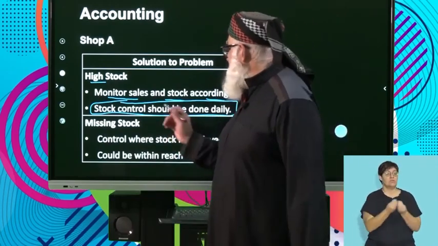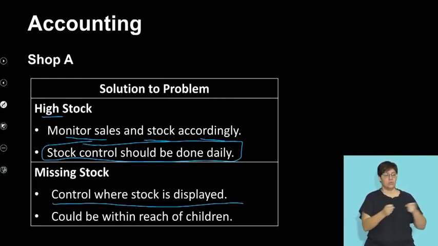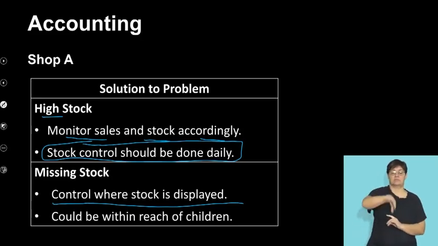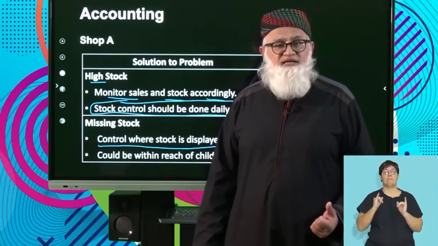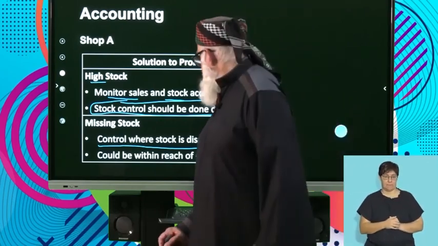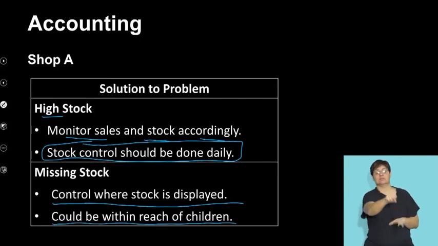With regards to the missing stock, again, control where stock is displayed. You need to make sure that the way you're displaying your stock is not accessible to people that may have bad intentions in order to steal the stock. And also, because it's a tuck shop, it shouldn't be within the reach of your customers, namely the learners or the children.